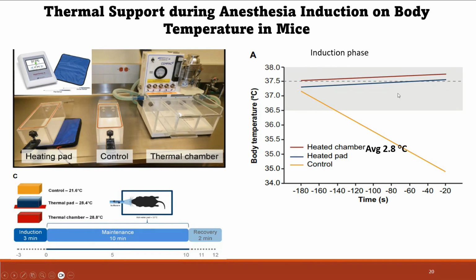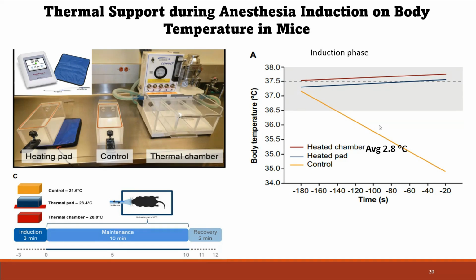They were maintained in this shaded range of normothermia. The drop in body temperature in the control group was an average of around 2.8 degrees, which is significant when we think about the thermoregulation of the animal.